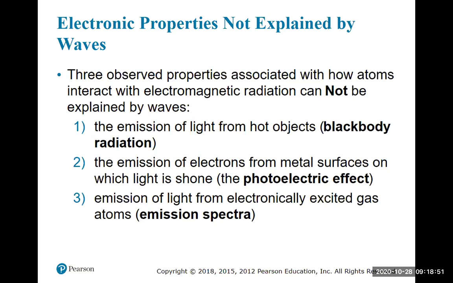The photoelectric effect was if you have a really clean metal surface and you put light onto it, if it's the right frequency light, you will get emission of electrons. If it's the wrong frequency of light, it doesn't matter how intense the light is, you don't get anything coming off. And then finally, the last one, emission of light from electronically excited gas atoms.